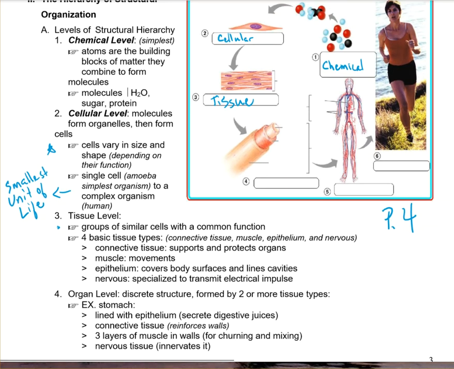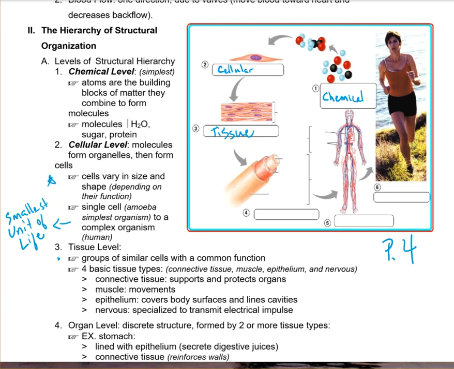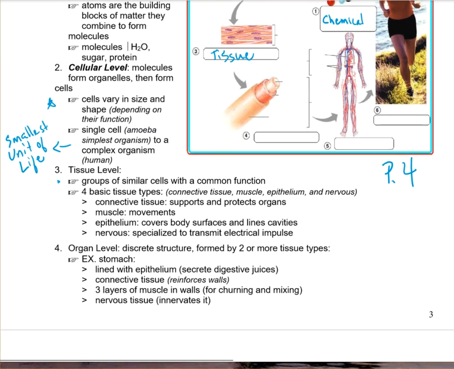The tissue that you see right here in the picture, number 2, is a single smooth muscle cell, and then number 3 is a sheet of smooth muscle working together, and that sheet of smooth muscle is actually found in a capillary, and a capillary is a simple organ.